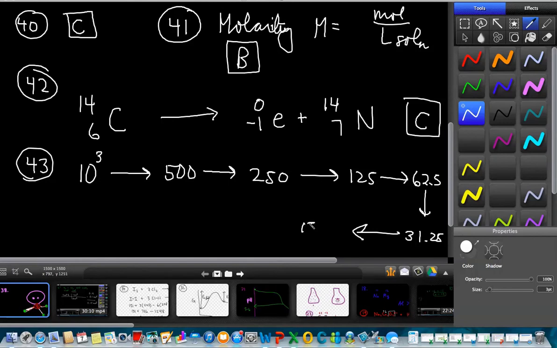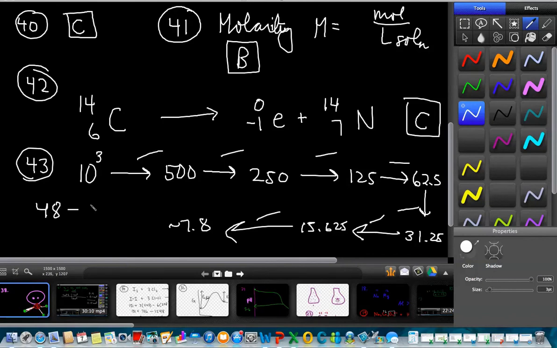Then we'll have 15.625. And then we're going to have around 7.8. That's 1, 2, 3, 4, 5, 6, but less than 7 half-lives. So it's between 48 to 56 days. The best answer is 48. It's not a great answer, but it is the best one that remains.